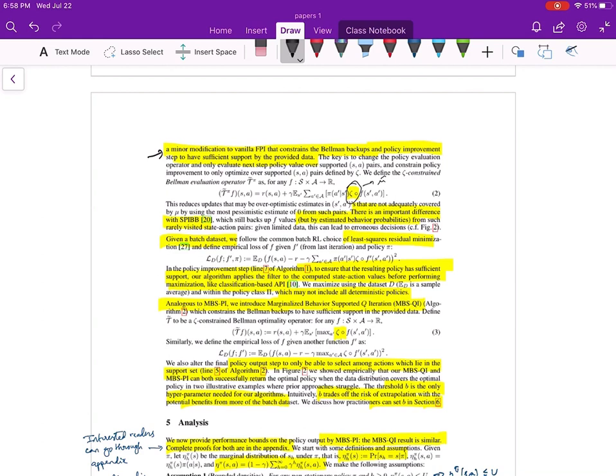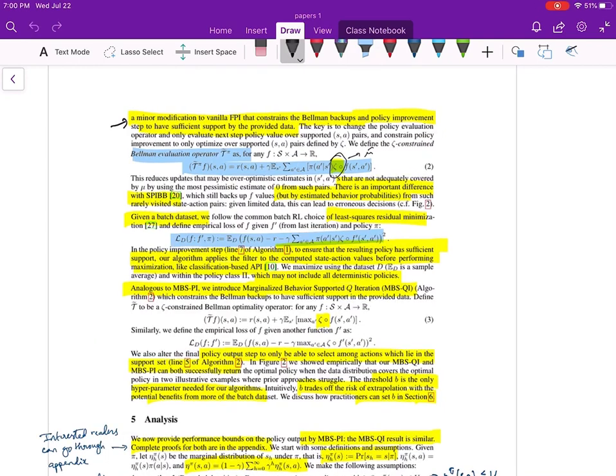So okay, yeah, let's go ahead with the algorithm description here. So yeah, Bellman evaluation is defined this way. This is just an extension from the previous Bellman operator, but here you would add this filter function.